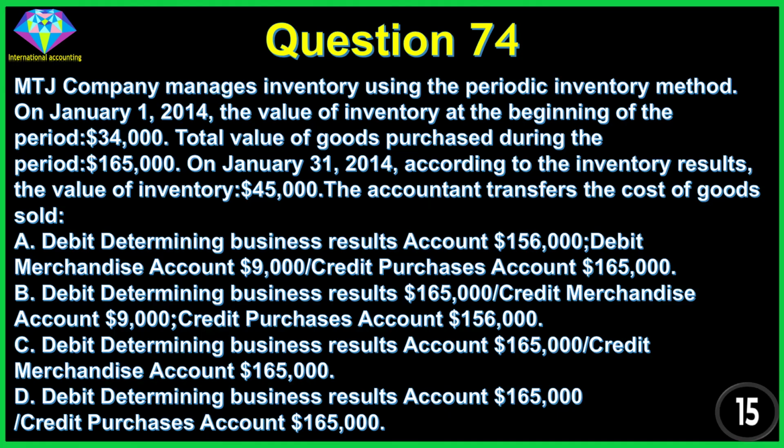Credit purchases account $156,000. C. Debit determining business results account $165,000 per credit merchandise account $165,000. D. Debit determining business results account $165,000 per credit purchases account $165,000.